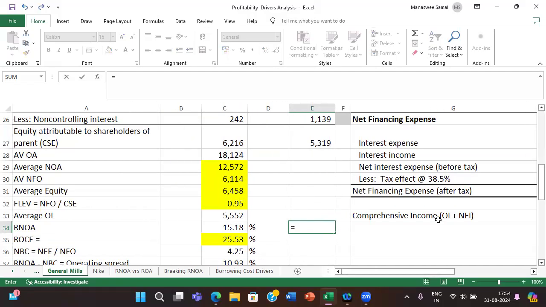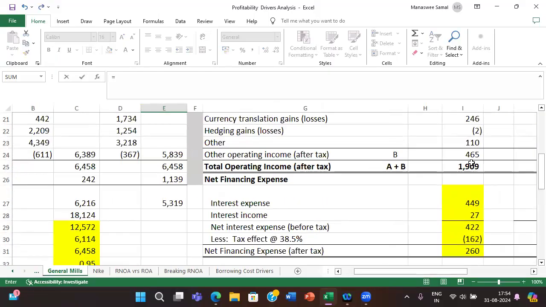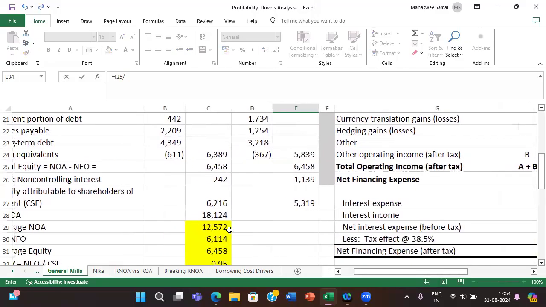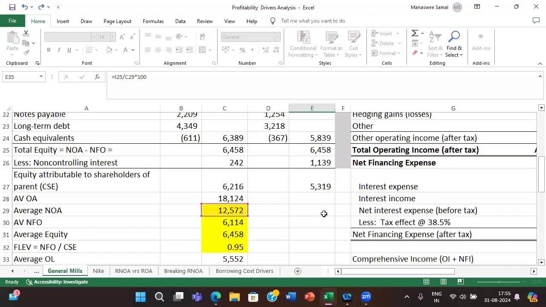So this figure would be, I think, 1909. That is total operating income after tax divided by average NOA, yes, 12572. And then I would like to express it as a percentage, so I'm just multiplying by 100, isn't it?